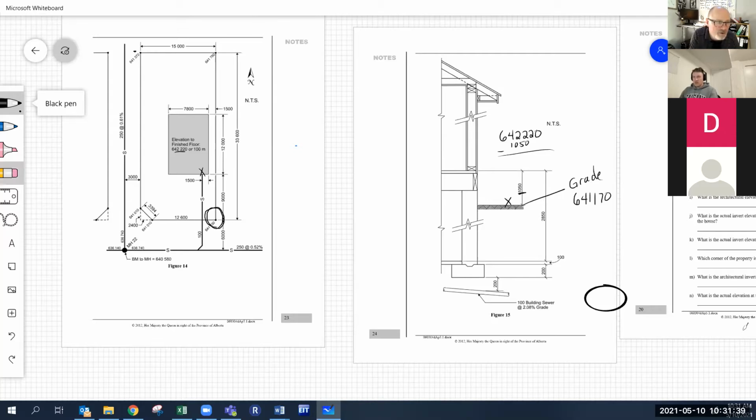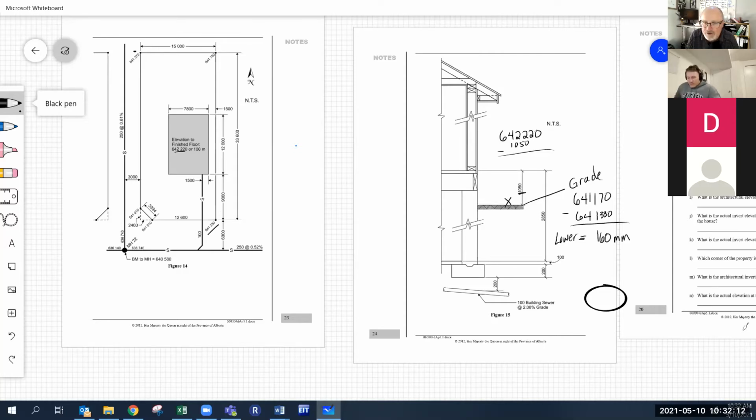Now we can minus off the elevation at the southeast corner of the lot, which is 641,330. And it gives us a negative number, so that means it's lower, and it's lower by 160 millimeters.